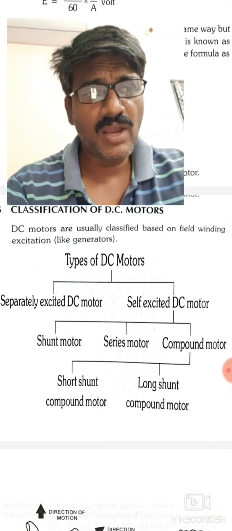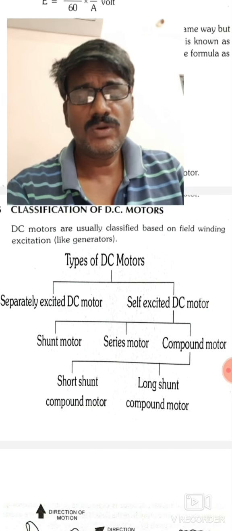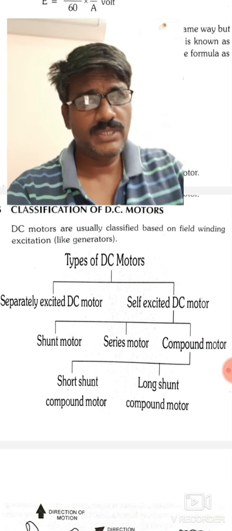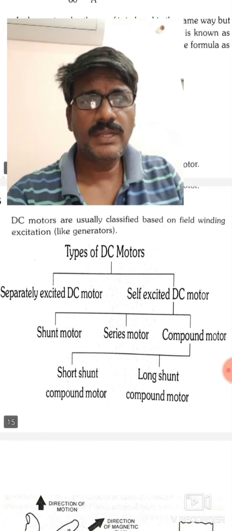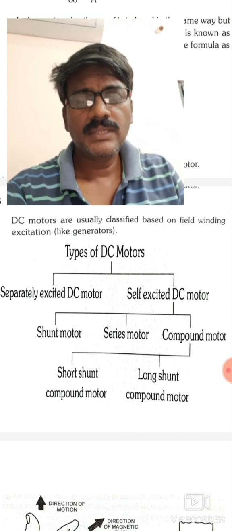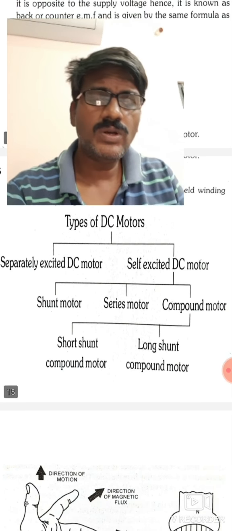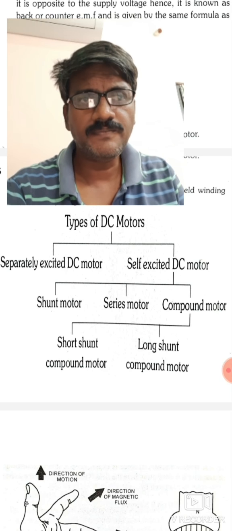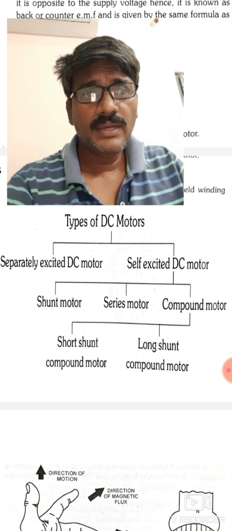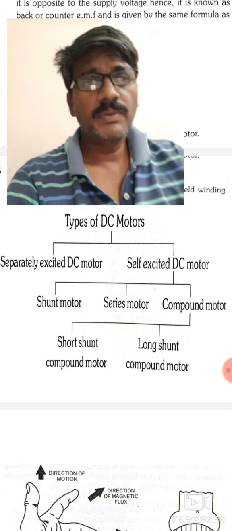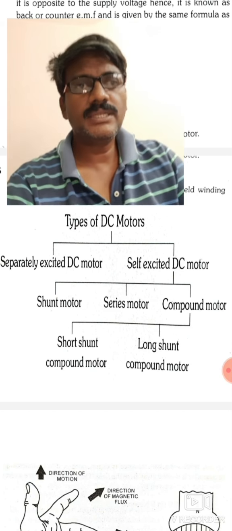And again, compound motors are short shunt compound motor and long shunt compound motor. It depends upon the generator or motor classification. Both are the same, right?